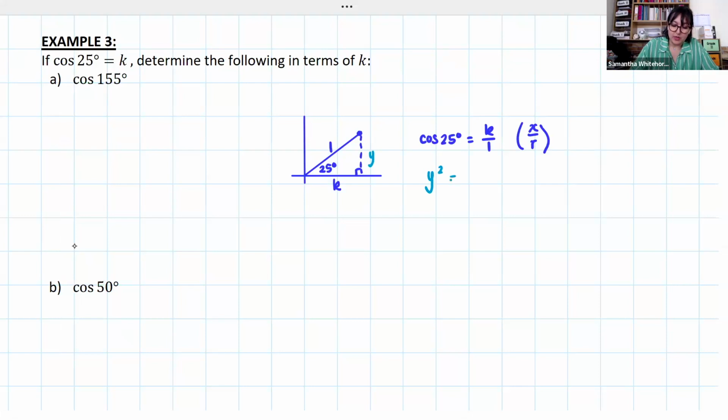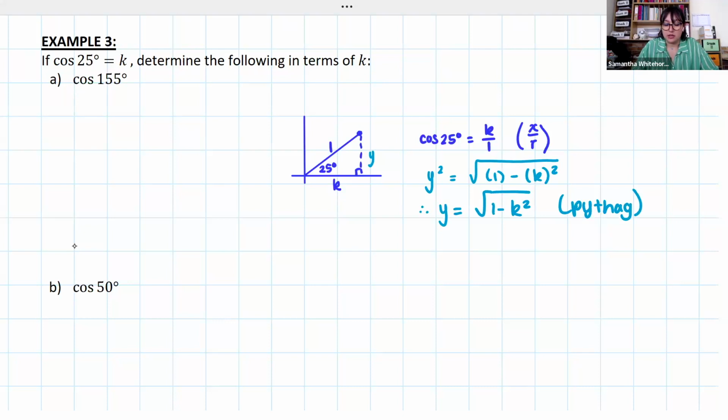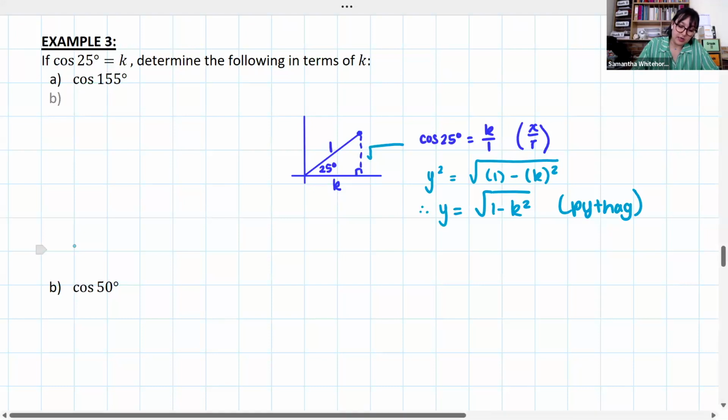So y squared would be equal to 1 minus k squared, which means that y is equal to the square root of 1 minus k squared. And like I say, all due to Pythagoras. You are also more than welcome to go straight to the answer. Just write Pythagoras there. So this side length is the square root of 1 minus k squared, Pythagoras.